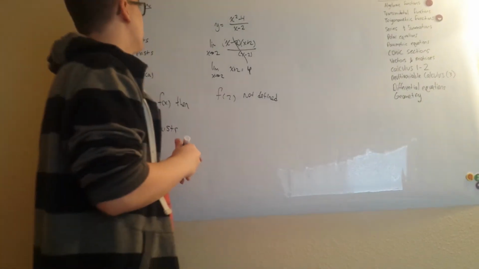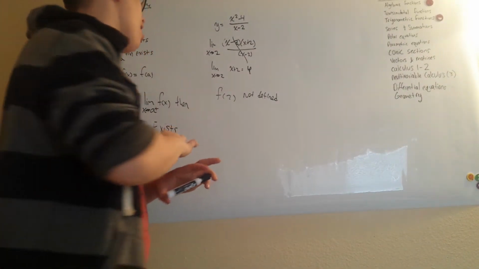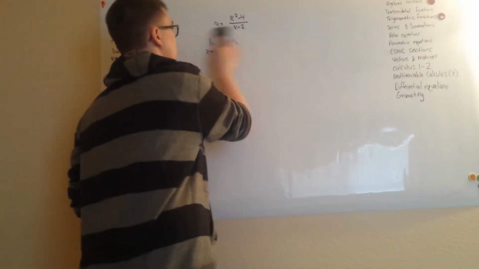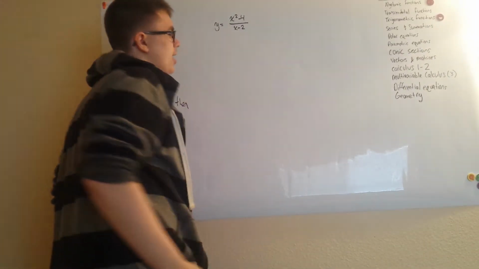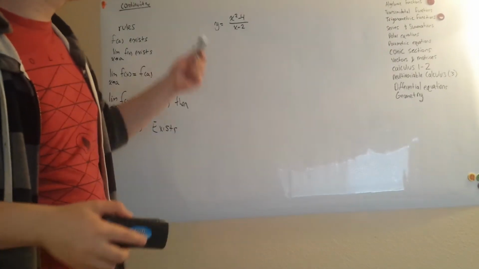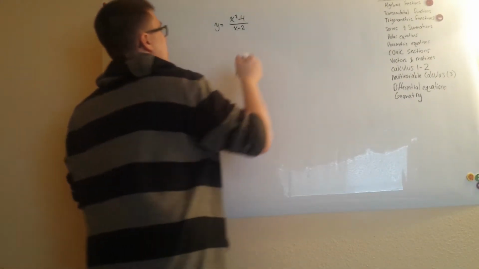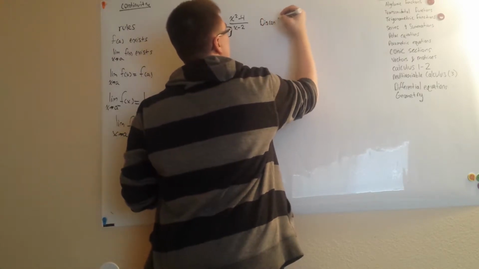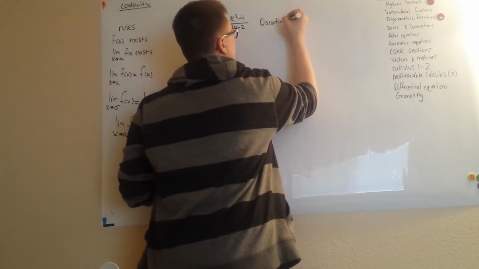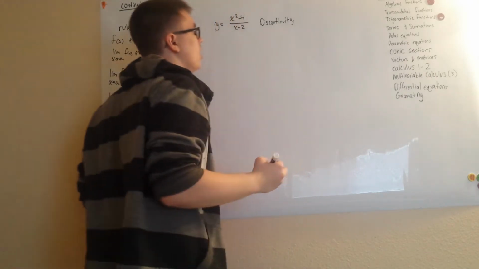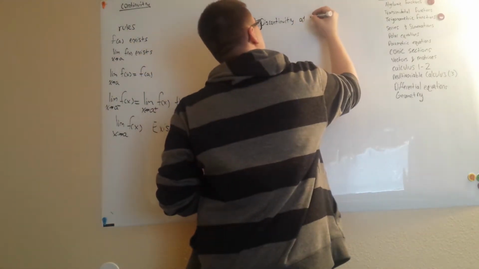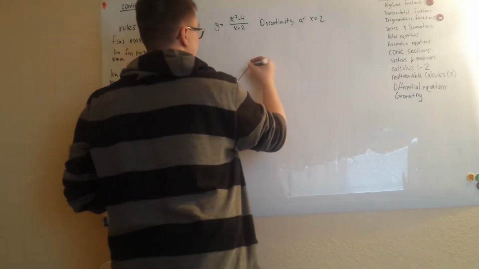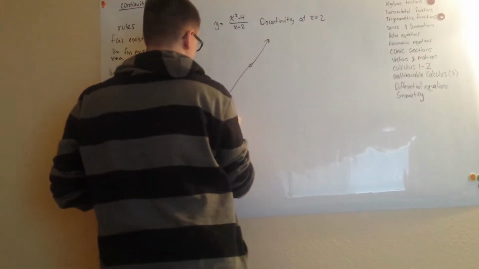In fact, it's continuous everywhere except 2. And x equals 2 is what we call a discontinuity. A discontinuity at x equals 2. And this looks like one of those holes.